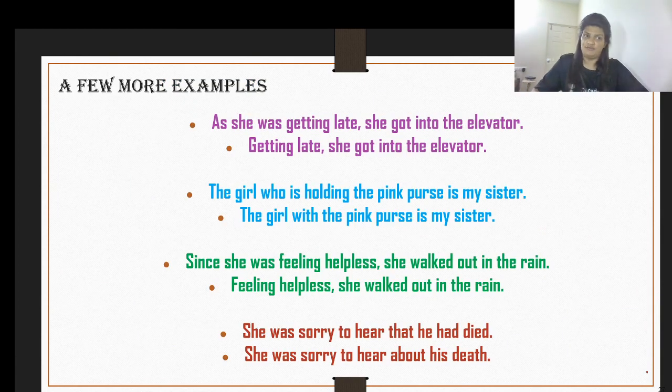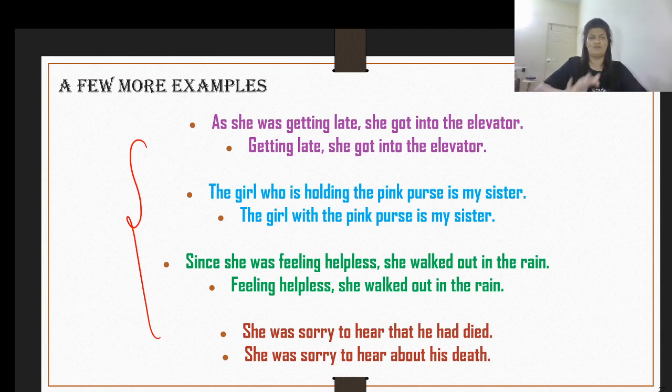Now let us take a few more examples. Remember, these examples were already discussed earlier, where we actually converted simple statements into complex statements. Now we are going to do the same thing over here, but it's a reversed application. That is, we have a complex sentence over here: as she was getting late, she got into the elevator.